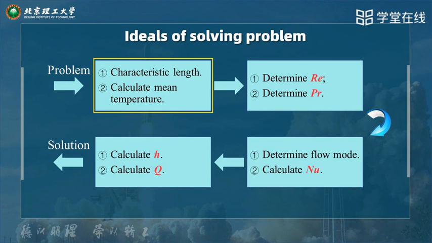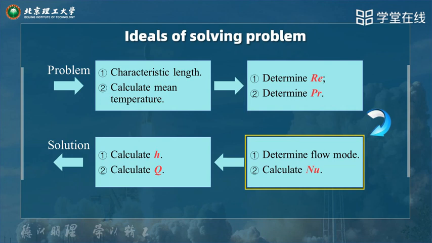From the mean temperature and the characteristic length, we can determine the Reynolds number and the Prandtl number. After obtaining these numbers, we determine the flow mode, laminar or turbulent.